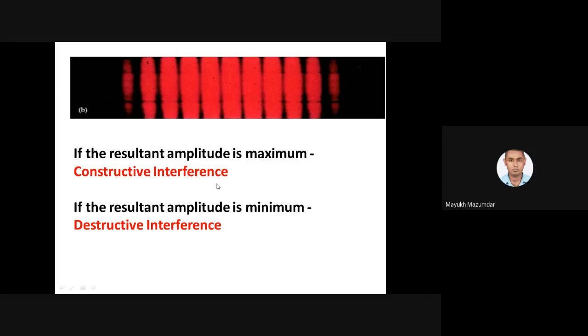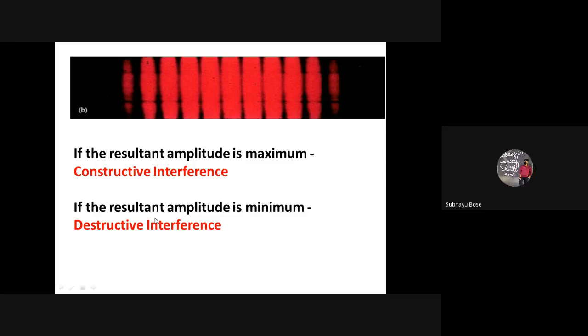Can anyone tell me why we are calling this thing the resultant? Why is it called resultant? Any idea? Because I guess from the two slits the waves converge.